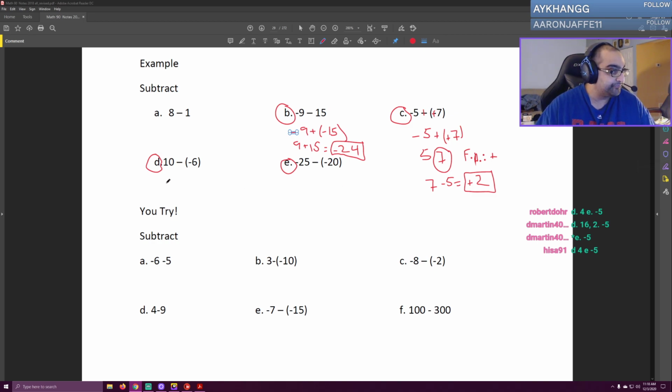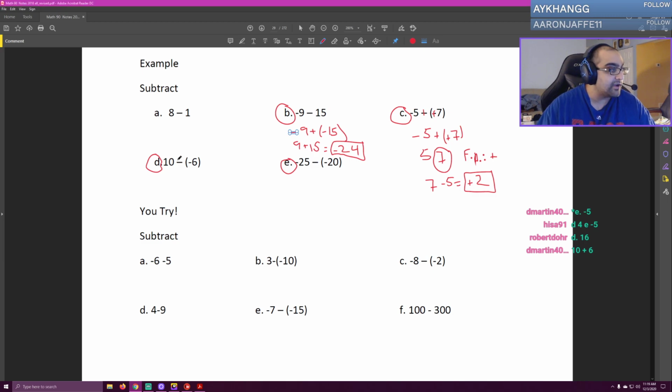All right, so here we have 10 minus negative 6. So let's first rewrite 10 minus negative 6. How can I rewrite 10 minus negative 6? 16 there, okay. How can we write 10 plus 6?